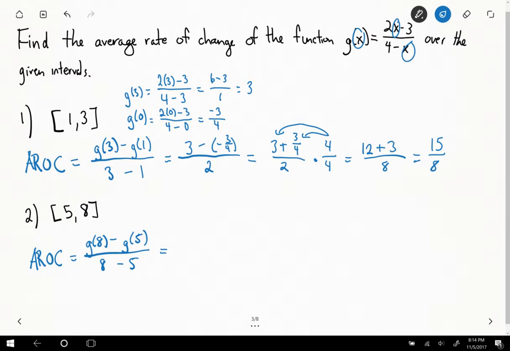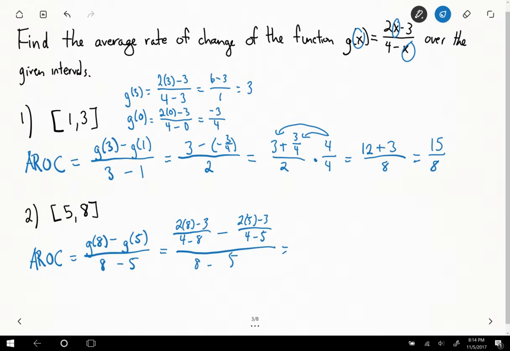We're just replacing the x values, so we get 2 times 8 minus 3 in the numerator, then 4 minus 8 in the denominator. Then we have to subtract off g of 5, so the 5 gives us 2 times 5 minus 3 in the numerator, all over 4 minus 5 in the denominator. And now we have the 8 minus 5 down below that we needed.